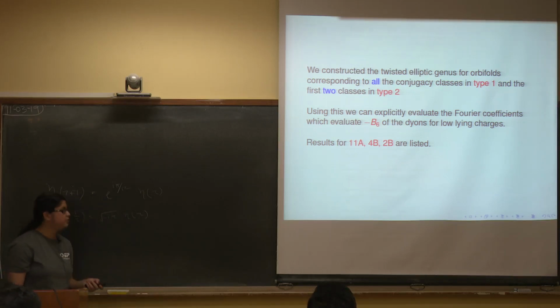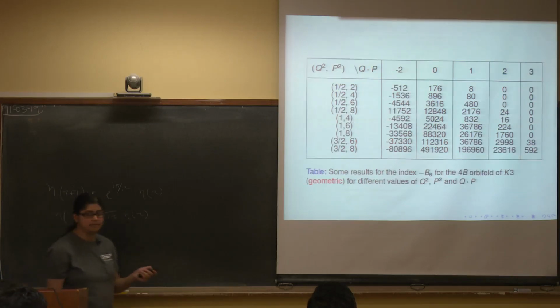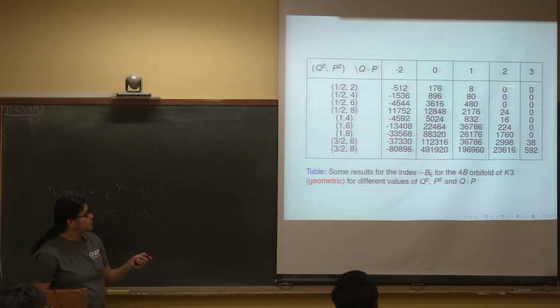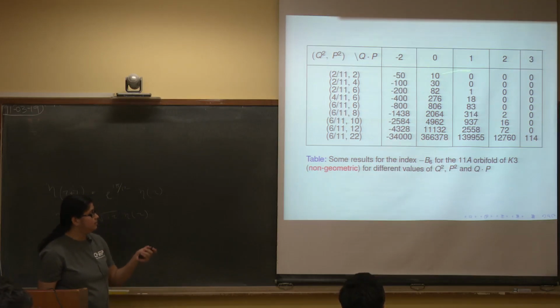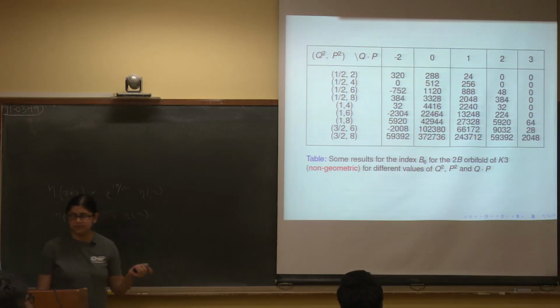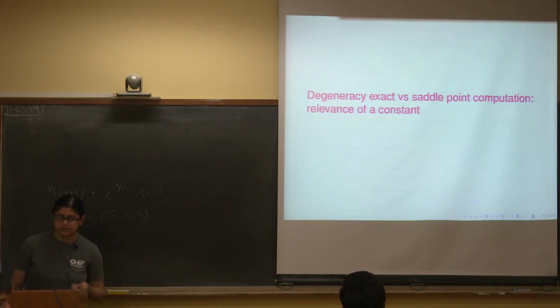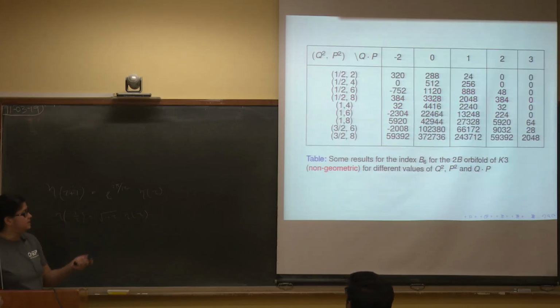And I have a list of the results which are positive, and if q dot p is 0 or greater, then we did see all positive results, even for non-geometric cases. Here this one is actually a non-geometric object.